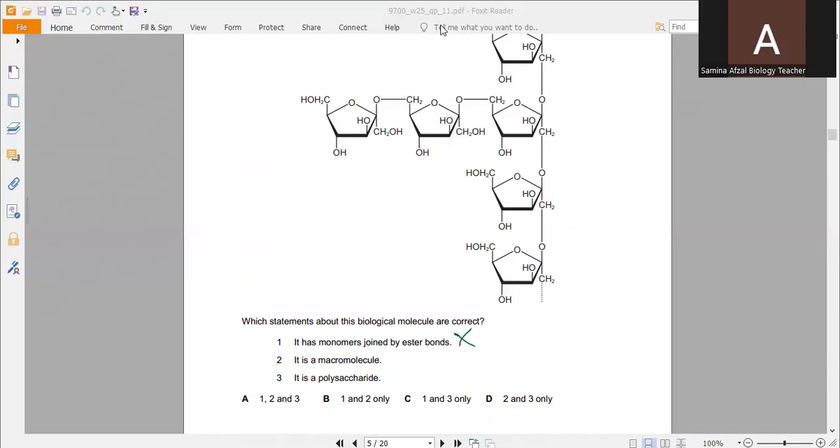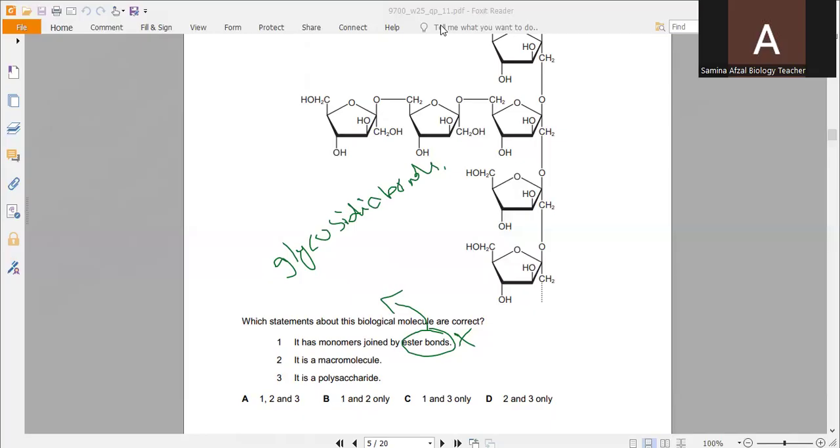Then, when monomers or sugar molecules are joined together, they are not joined with ester bonds. There are glycosidic bonds. So this is not the correct option. Second, it is a macromolecule.